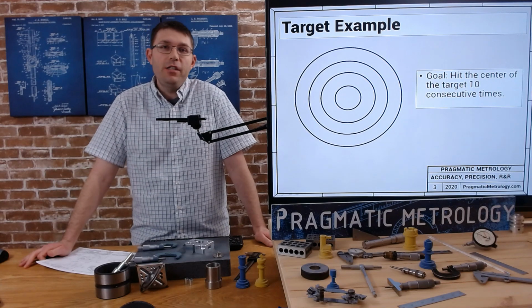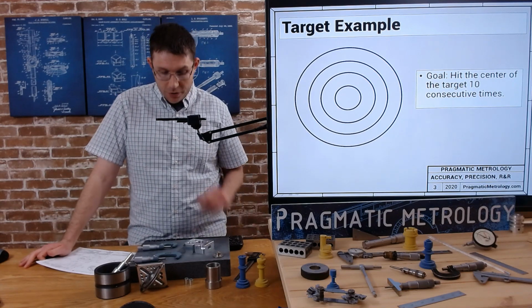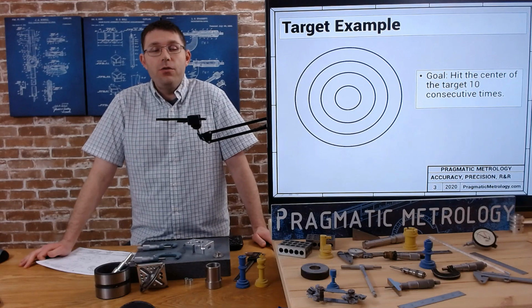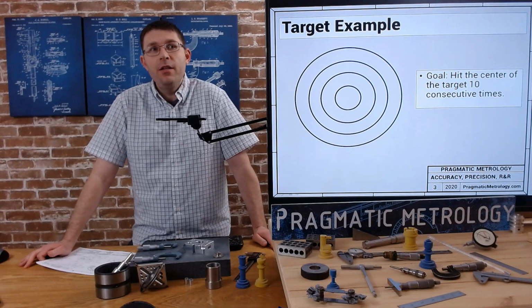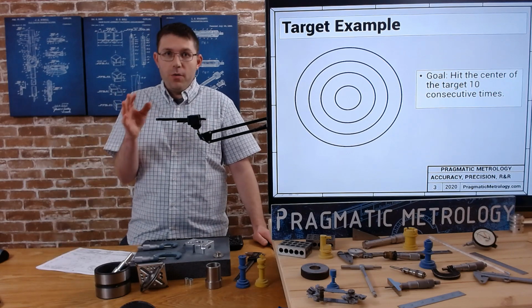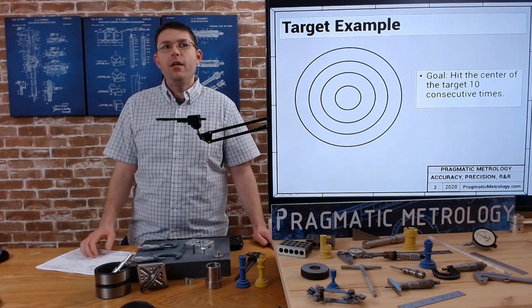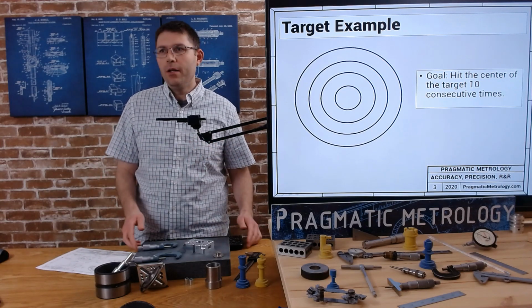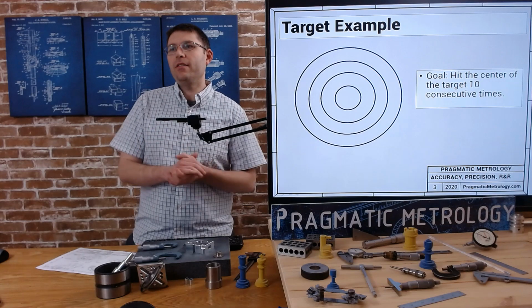So imagine it's either a shooting target or a dartboard like I had on the first slide, and you're trying to hit the center. The center might represent your tolerance and how close you are to center. It might represent the condition of your gauge. It might represent how accurate, but let's start with an example.